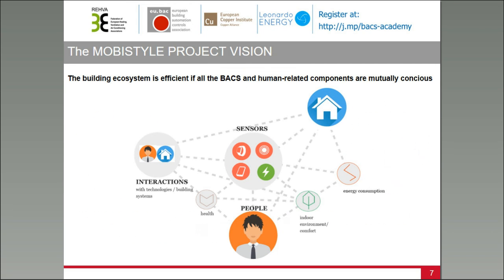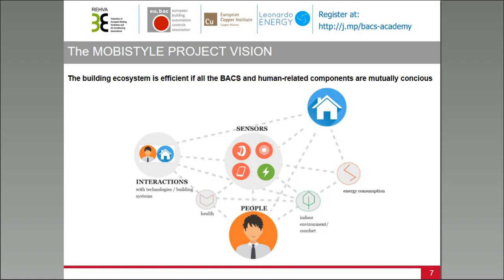So for this reason, when we designed the MOBISTYLE vision, we tried to understand how to design that intermediate layer between people and buildings. Here, of course, we need to focus on the human-building interaction, where building automation and control systems create the middle ground.